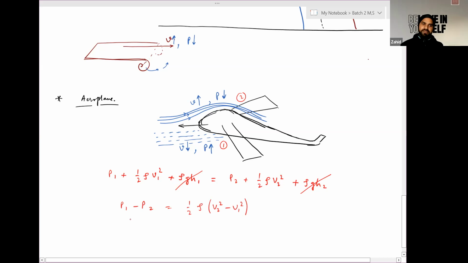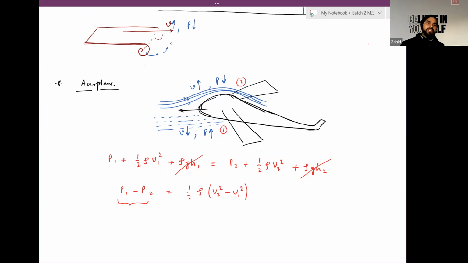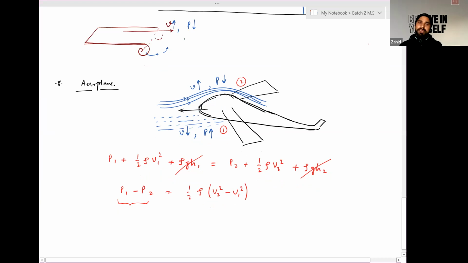Now this pressure difference will be capable of uplifting this entire system. Pressure equals force by area, and force will be due to the entire mass of the system. So pressure equals force, that will be mg, divided by the area of the wingspan or surface. So let's say A equals that.